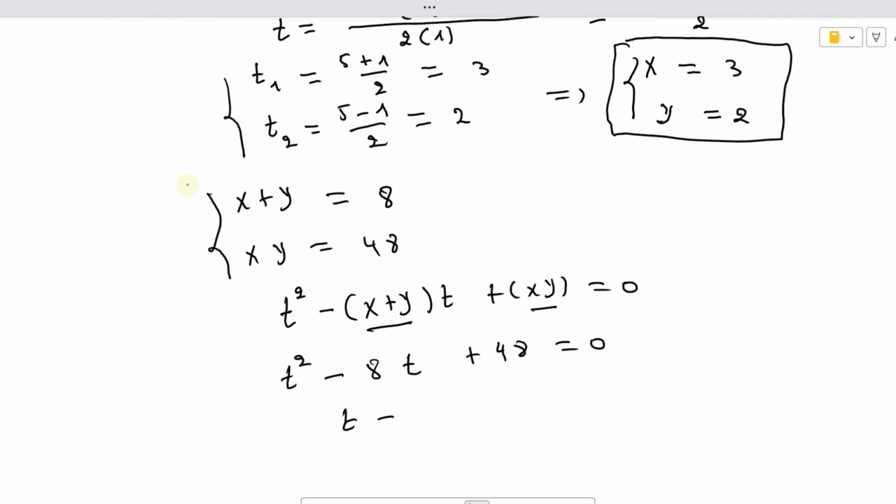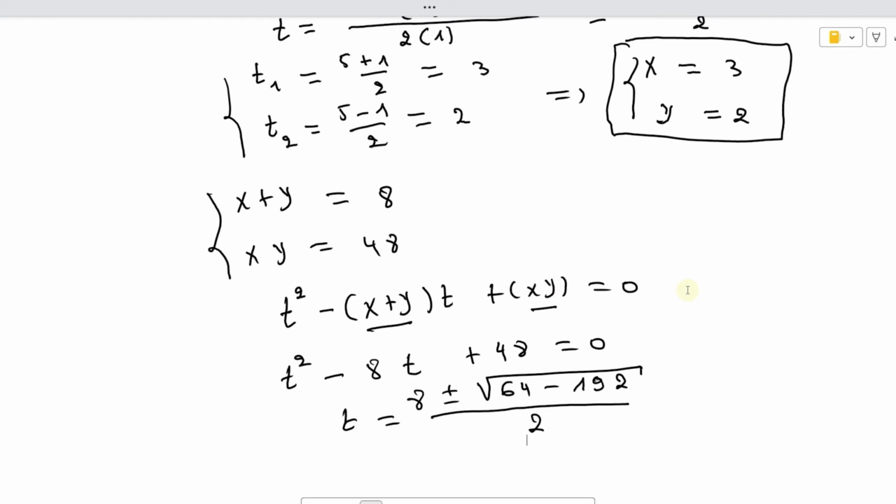Then t will be equal to minus b, this is 8, plus or minus the square root of 8 squared, this is 64, minus 4 times 48, this will be 192, over 2a, over 2.